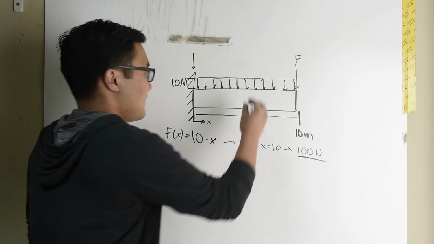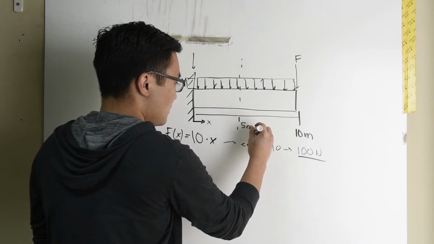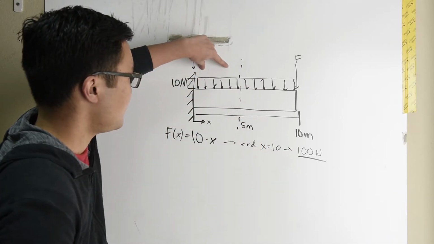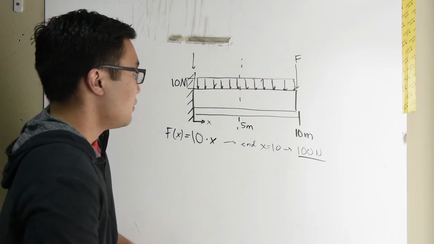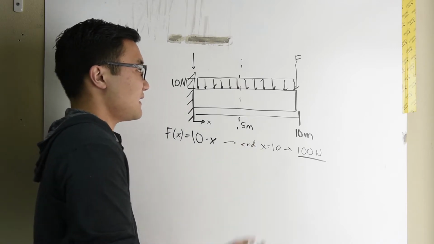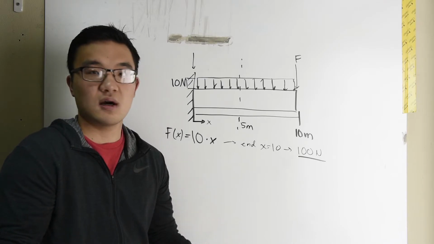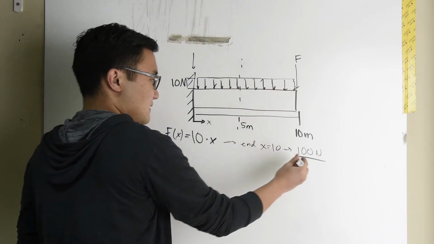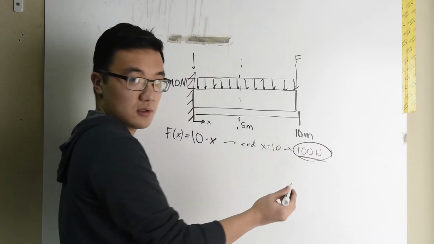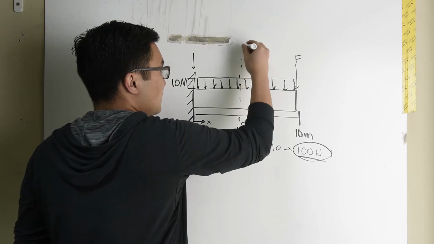So in that case, if I simply cut this rectangle in half at 5 meters, would you agree that I would have 50 newtons on the left and 50 newtons on the right? What that does is I'm saying, okay, that's where the load would balance. That's where the center of load, center of mass, however you want to call it, the centroid, is. So I can take this summation of the load and apply it at the center of load right here.